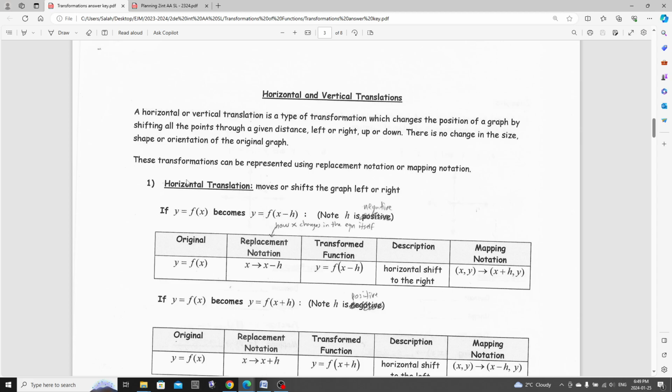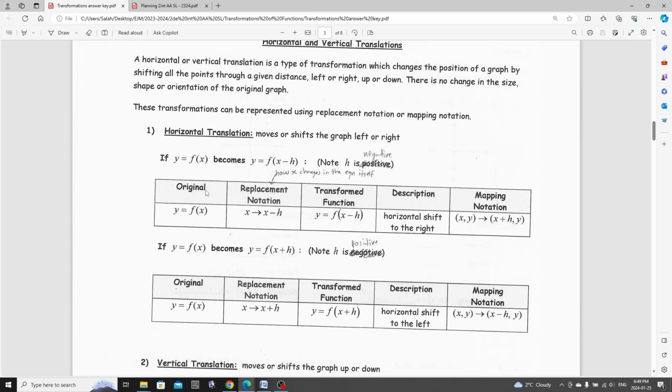Now, horizontal translations can be expressed using replacement notation. Replacement notation just means in the equation y equals f of x, what do I replace x by? That's it. That's what this replacement notation means.